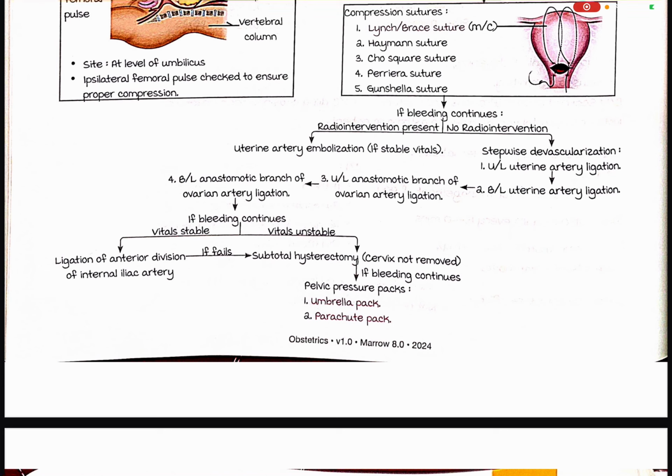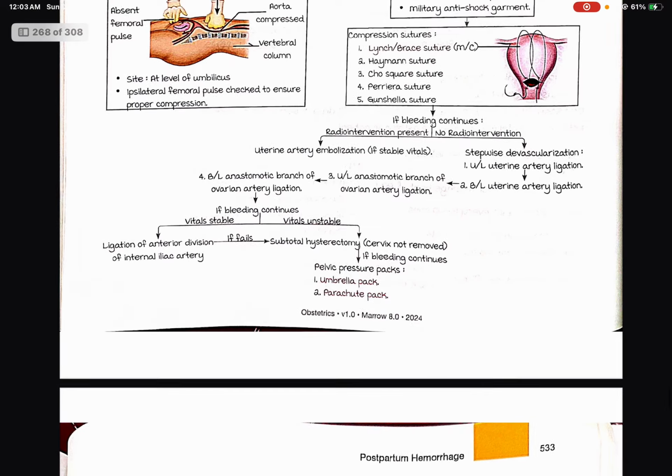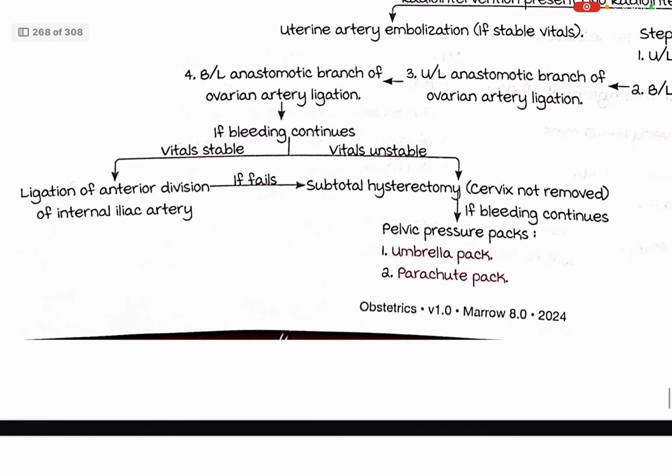If no radio intervention is present, stepwise devascularization: unilateral uterine artery ligation, bilateral uterine artery ligation, unilateral anastomotic branch of ovarian artery ligation, bilateral anastomotic branch of uterine artery ligation. If bleeding continues and vitals are stable, ligation of the anterior division of the internal iliac artery.